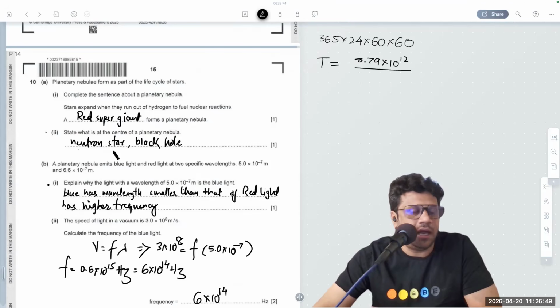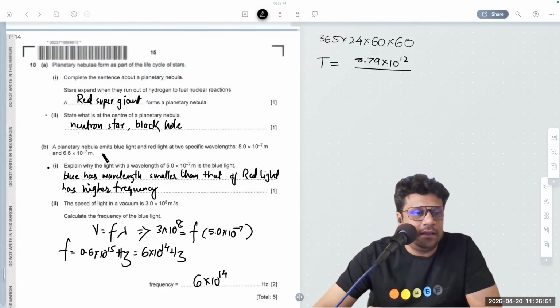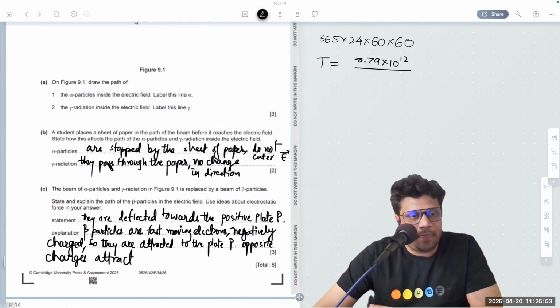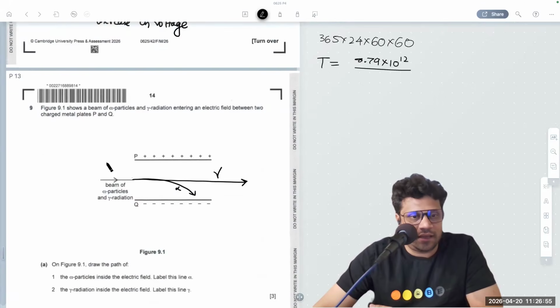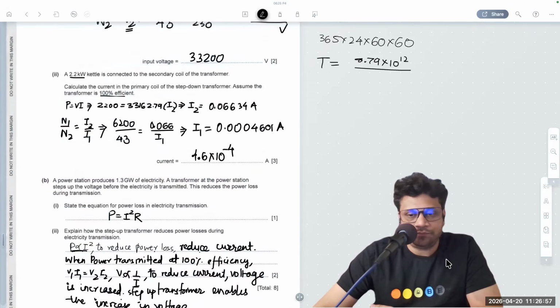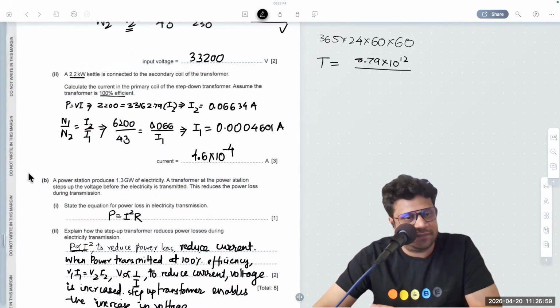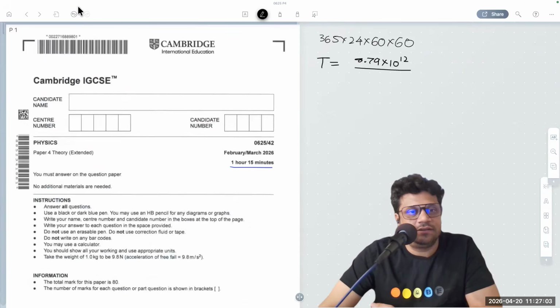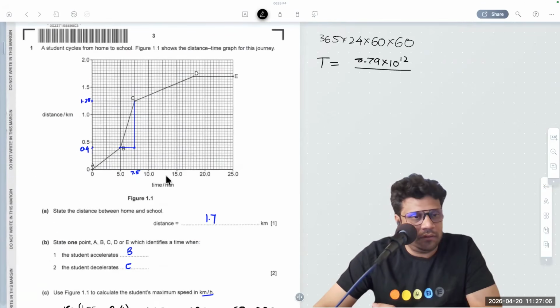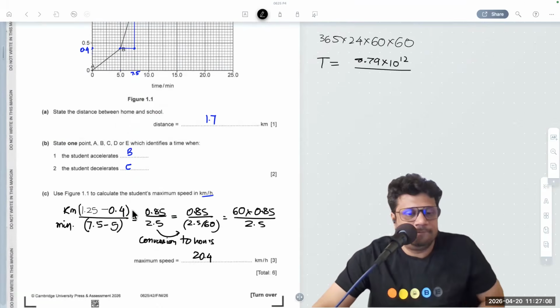I think neutron star and black hole is correct. Let's see. I hope most of my answers are correct. And we'll revisit this paper. Okay, that's what it seems. It seems like I'm correct in these questions.